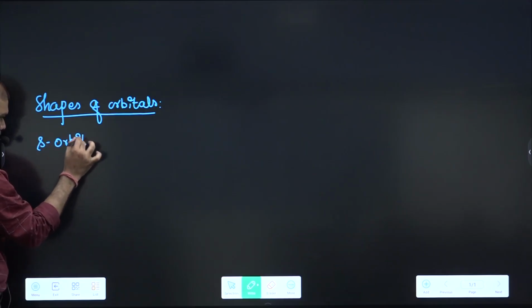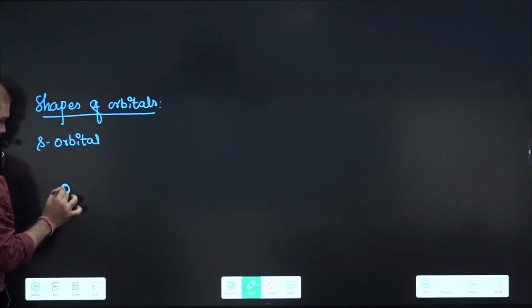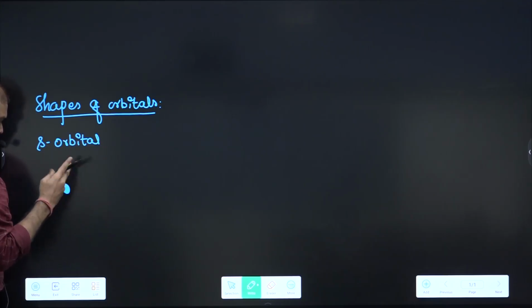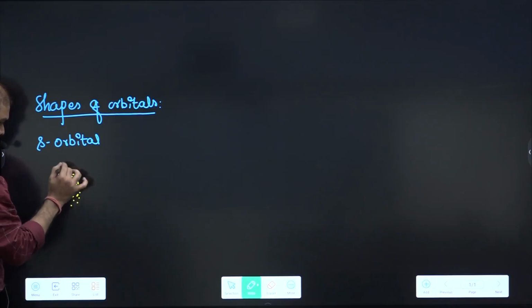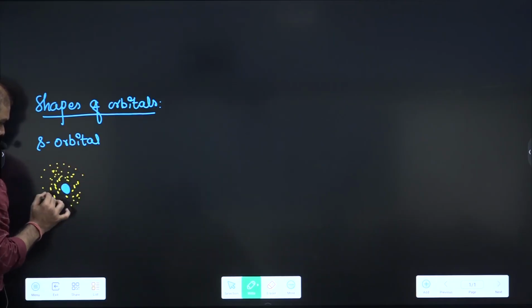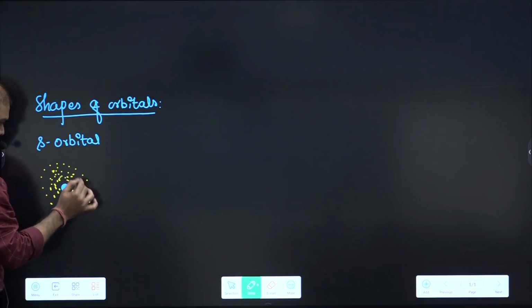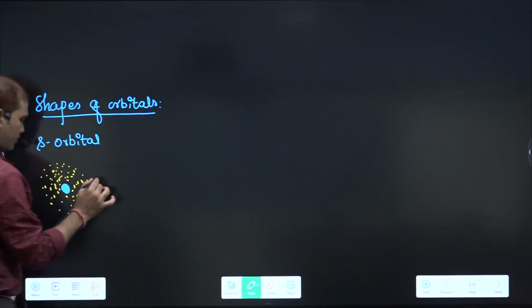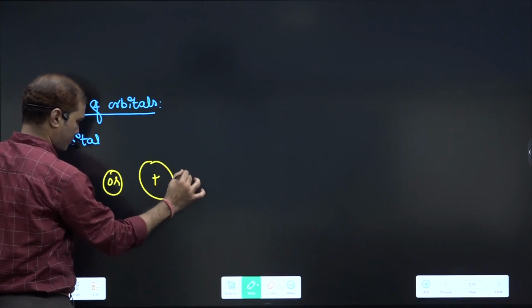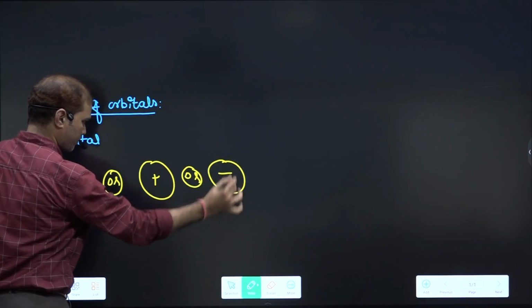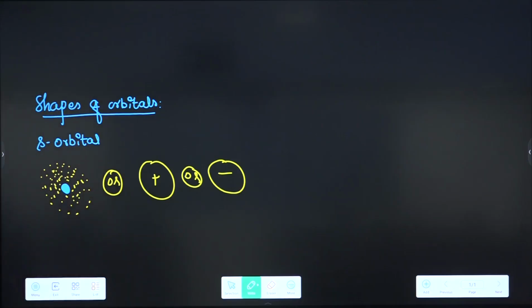S-orbital. Any of these three you can just draw for an s orbital.